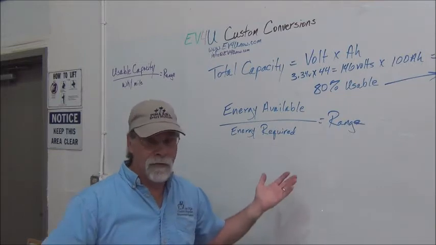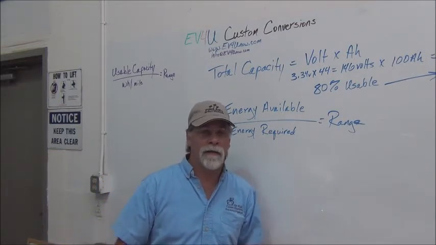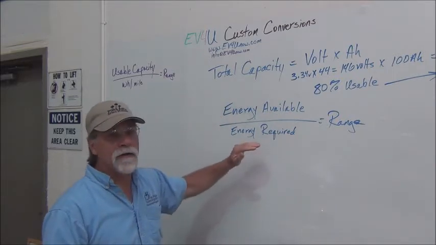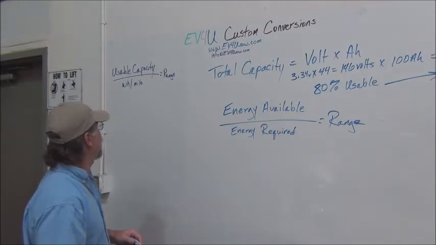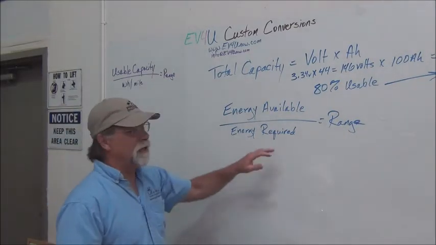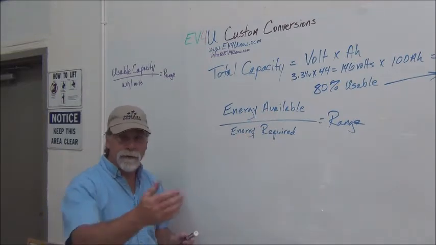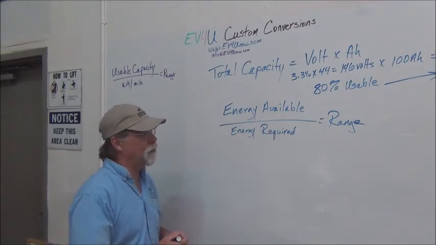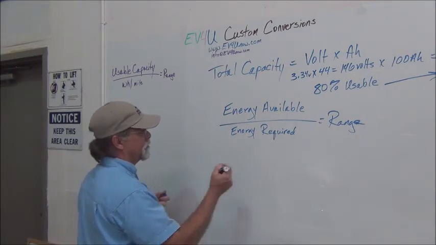And the common distance to use, like you do for gas mileage, is the mile. So we're going to figure out watt hours per mile. So how do we do that? Well, let me tell you how we did that. The energy required is the energy required to move the car a given distance. And so what affects this?